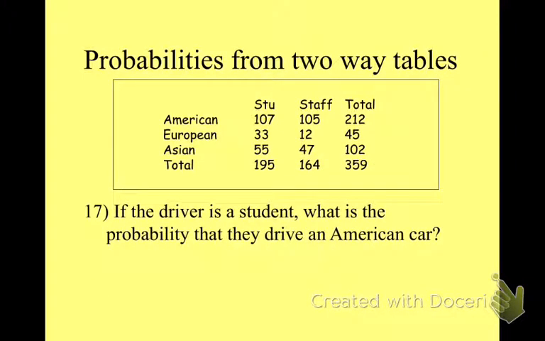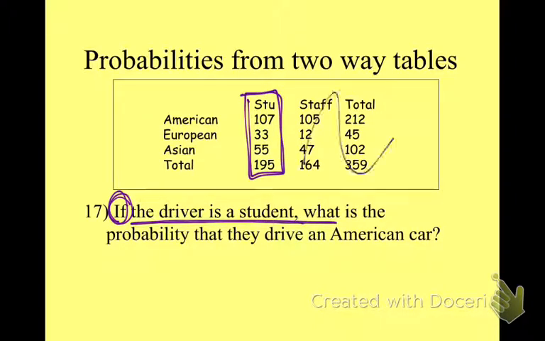Okay, the next one is a conditional. If the driver is a student, what is the probability that they drive an American car? When you're doing these on a free response or on any problem, you're going to circle the if, driver is a student. So now I am only concerned with this column. The rest of it can just go away.